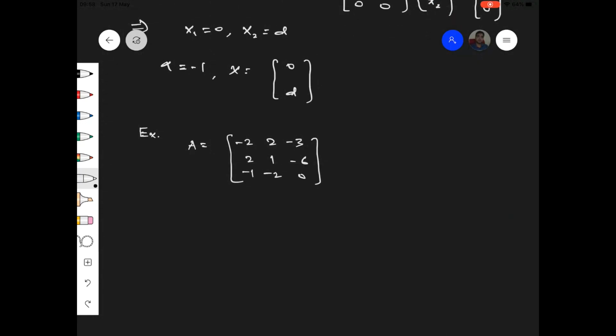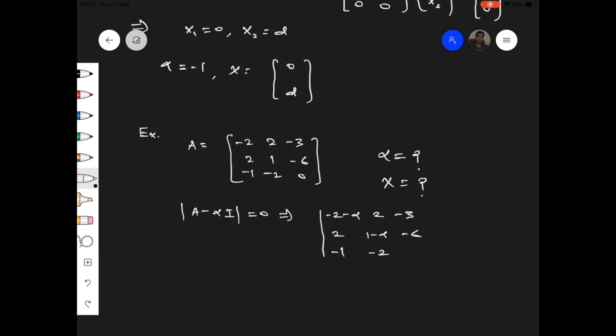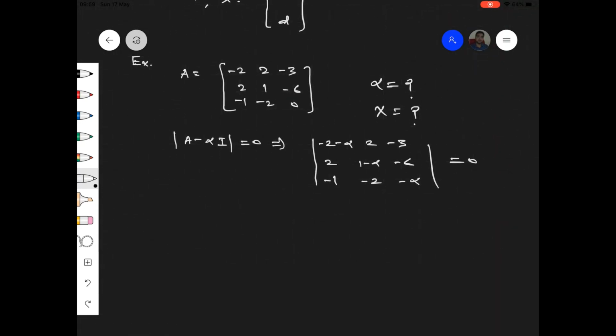So if we put this into our eigenvalue equation, it is going to give us the characteristic equation, the determinant of A minus alpha I equals 0, and this means the determinant with rows (minus 2 minus alpha, 2, minus 3), (2, 1 minus alpha, minus 6), (minus 1, minus 2, 0 minus alpha) equals 0. It's a 3 cross 3 determinant.